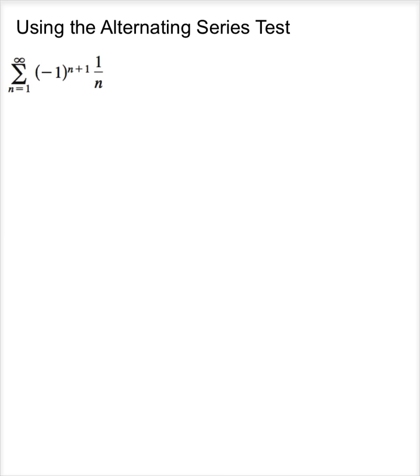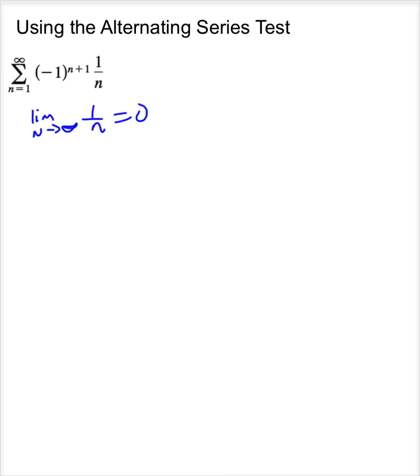So let's look at this series right here. The sum as n goes from 1 to infinity of (-1)^(n+1) times 1 over n. Now the limit as n goes to infinity of 1 over n is indeed 0.